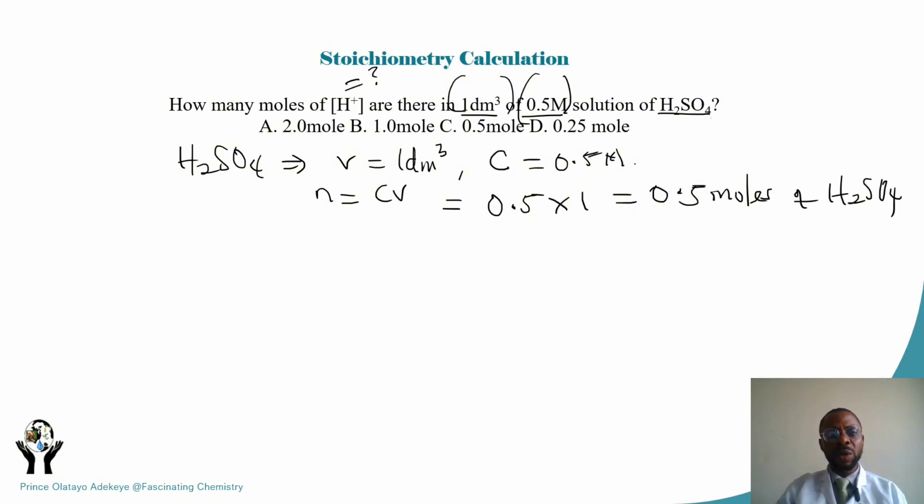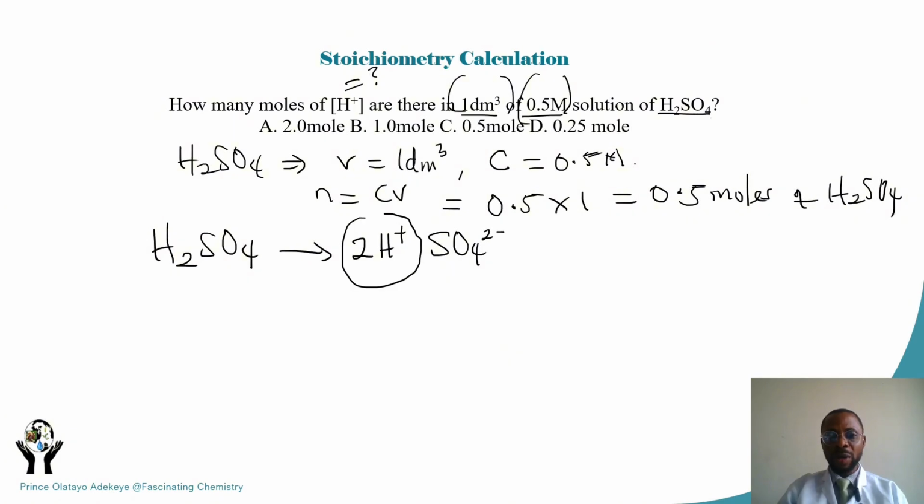But the question is asking us how many moles of hydrogen ion from H2SO4. Remember, H2SO4 will give us hydrogen ion. When it ionizes, you are going to have 2 hydrogen ions coming from 1 mole of H2SO4, such that you have something like this: 2 hydrogen ions coming out, then the SO4 2 minus. So the question is about how many moles of hydrogen ion are produced from this mole of H2SO4.